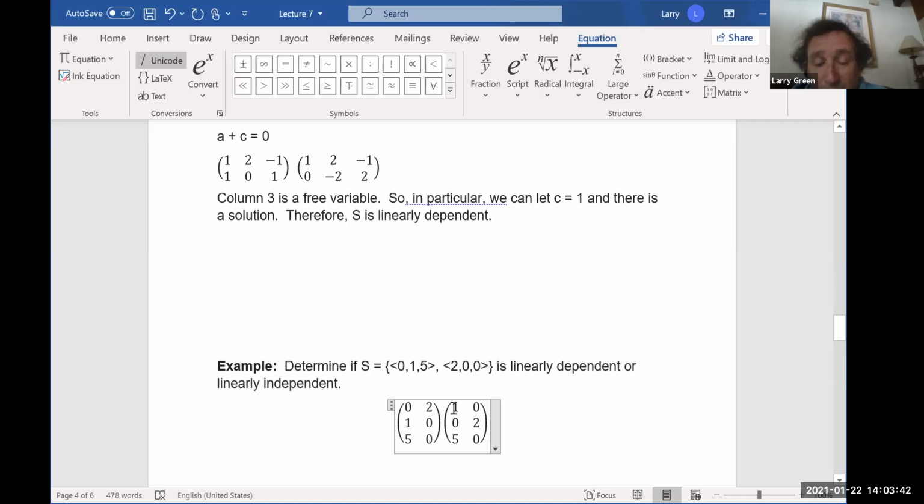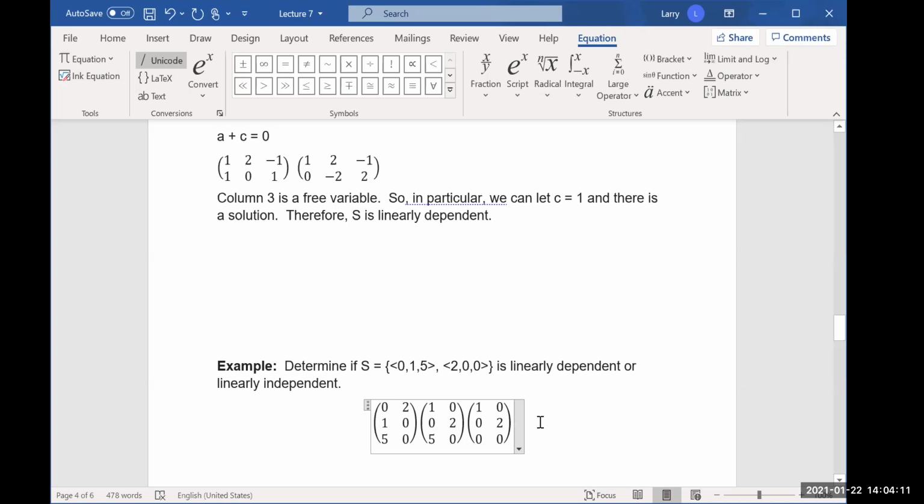Okay, then I'm going to multiply row 1 by -5 and add to row 3. And when I do that, row 3 becomes a row of zeros. Now take a look at what we get. Notice that the first and second columns are both pivots. How many free variables do we have? We don't have any.